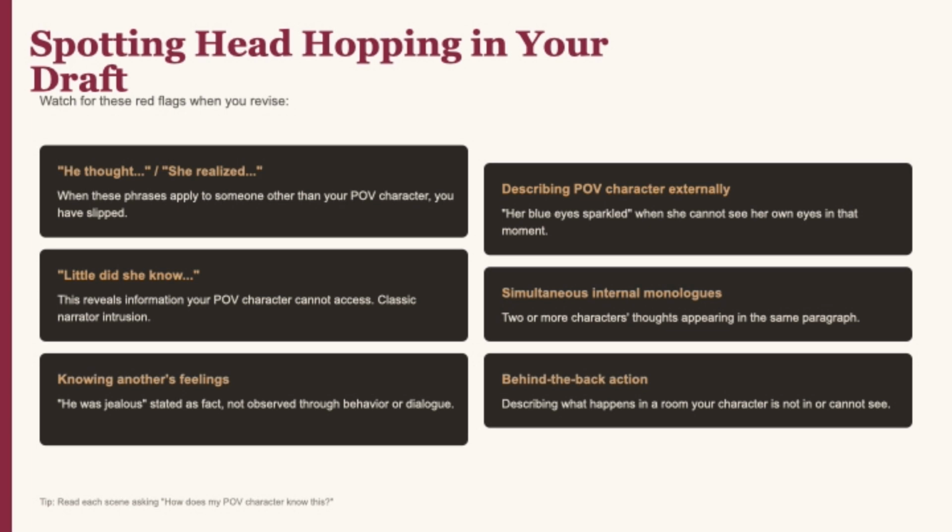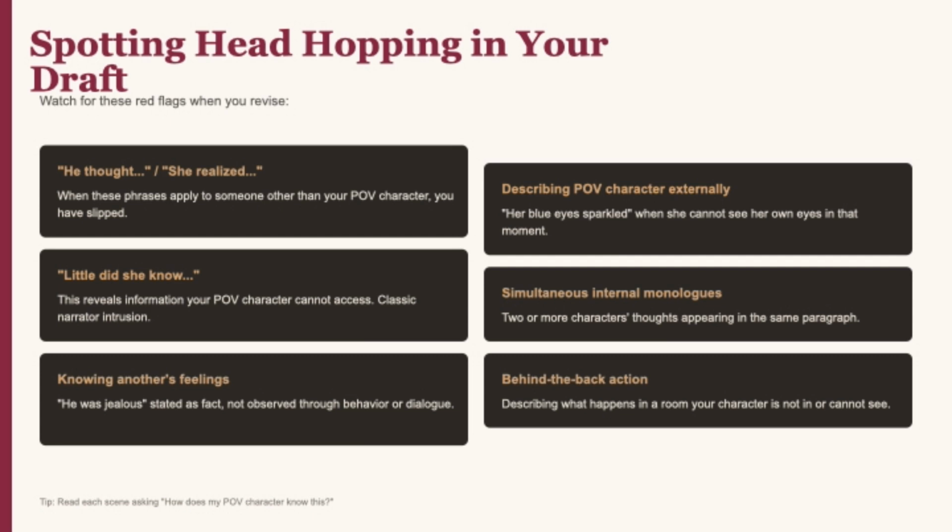If you have two or more characters' thoughts appearing in the same paragraph, that's head hopping. And then six, check for behind the back action. Are you describing what happens in a room your character is not in and cannot see? Remember, keep things observable. Keep the things that your character can see in front of them.